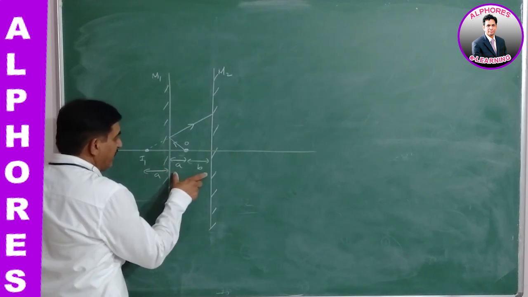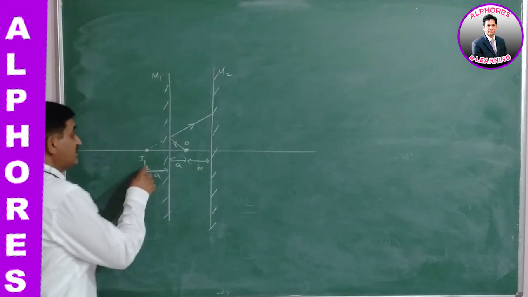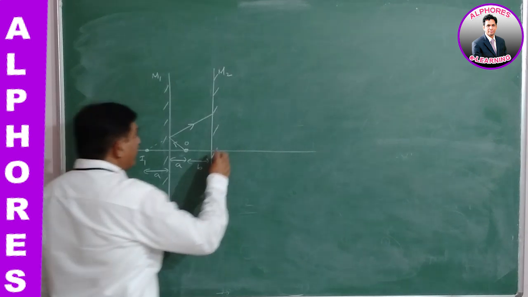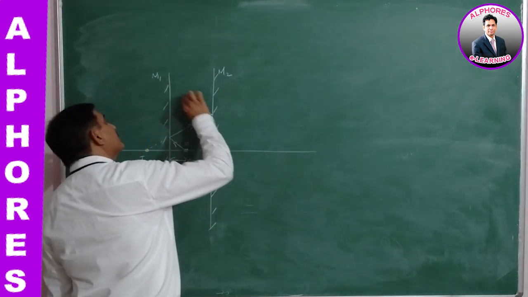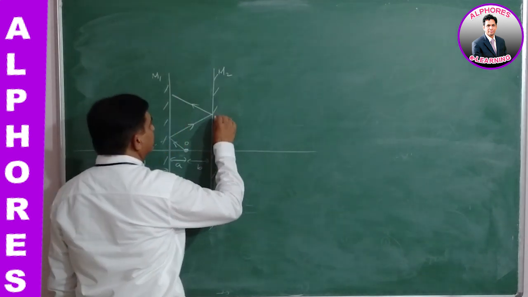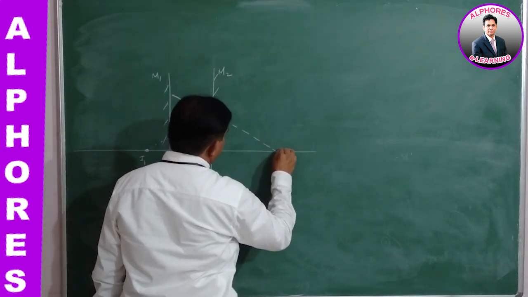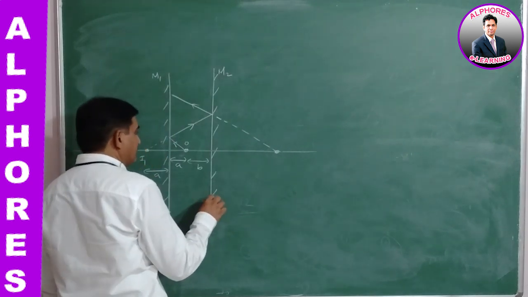This is A and this is A plus B, 2A plus B. At a distance of 2A plus B, this image acts as an object for the second mirror, and the corresponding image is also formed at the same distance. This is the position of the image by the second mirror.